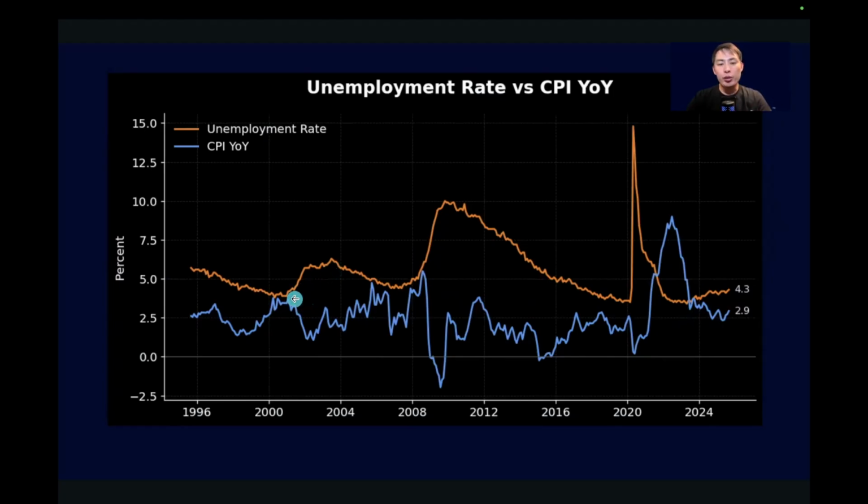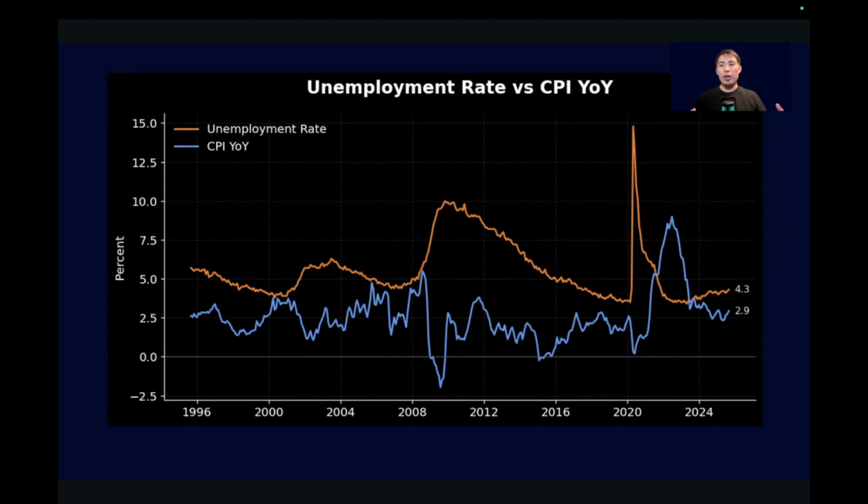First from 2001 to 2003, the unemployment rate nearly doubled, and again from 2007 to 2009, unemployment rate doubled to 10%. And those are just within 1 or 2 years. So there is a heightened risk now that we could also see unemployment rate spiking sharply in the coming months.